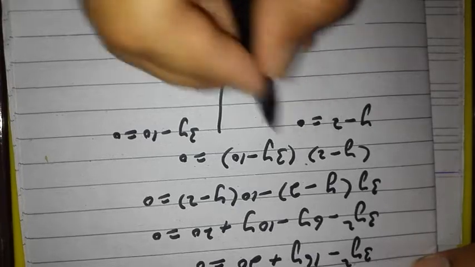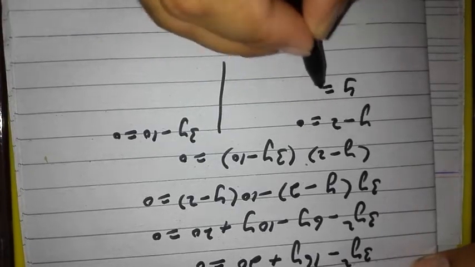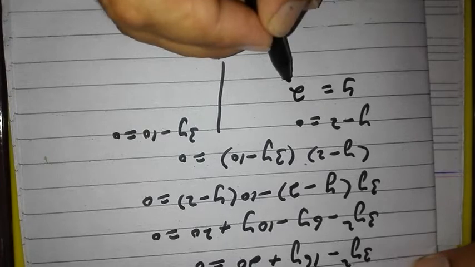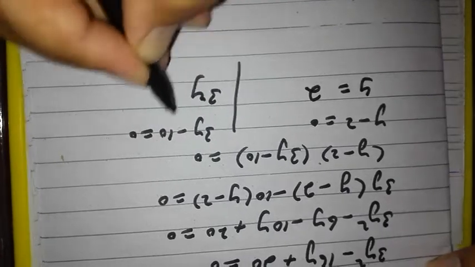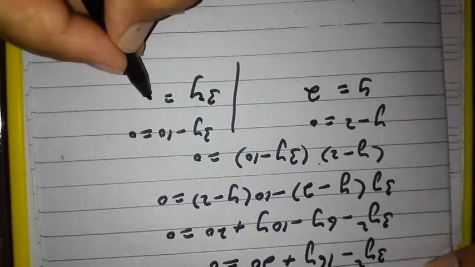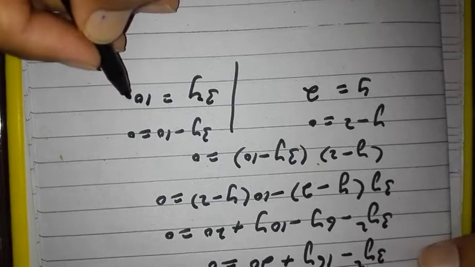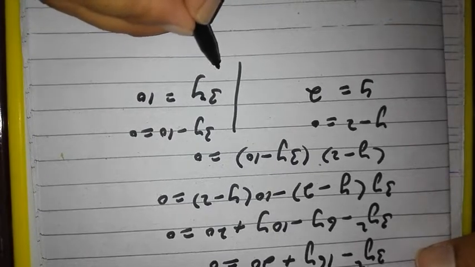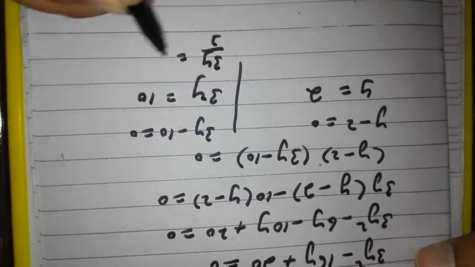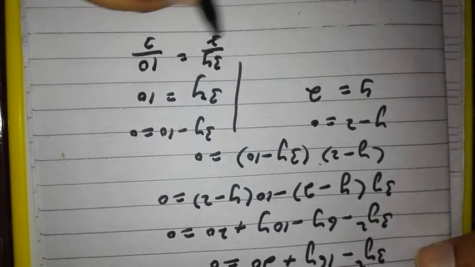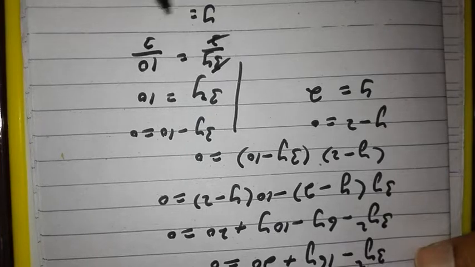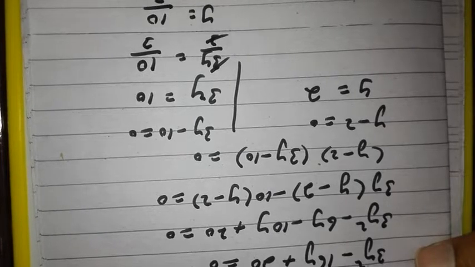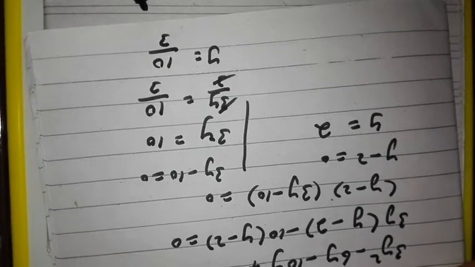Shift this 2 to the right side, so we get y equals 2, and shift this minus 10 to the right side, we get 3y equals 10. Now divide both sides by 3, the 3 cancels with 3, we get y equals 10 divided by 3.